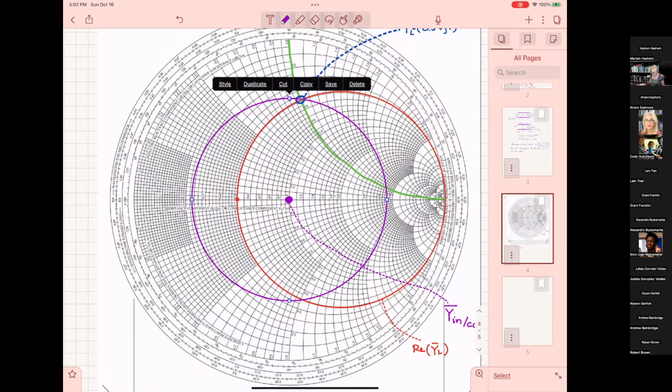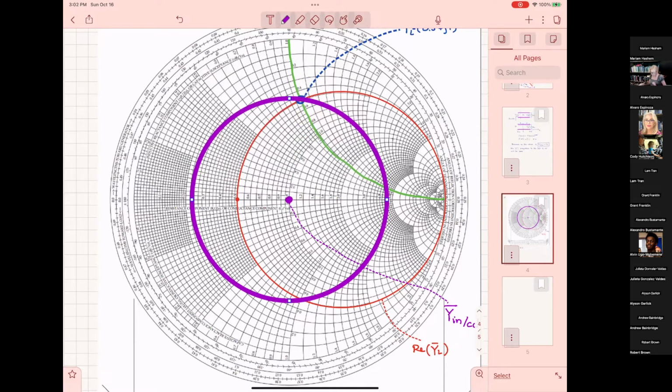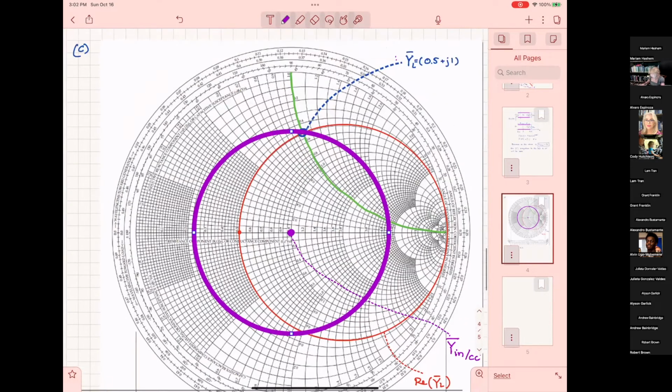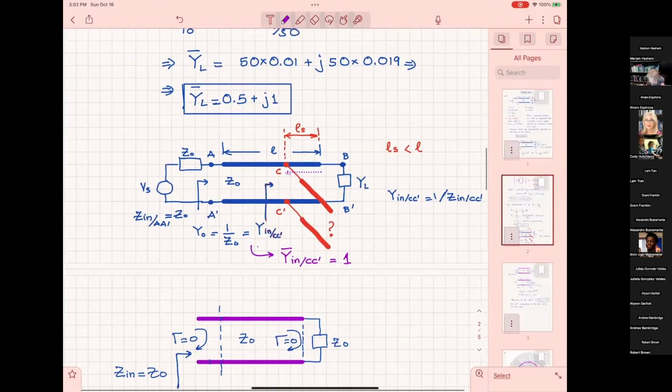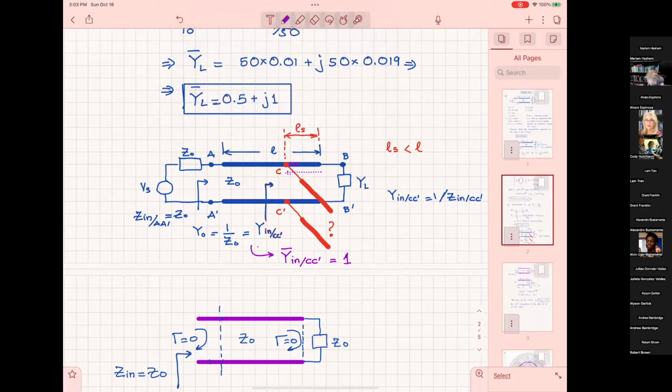Okay? This is the circle of the transmission line. I'll do it here. This section of the transmission line, this small section, I will do in purple so you can see.